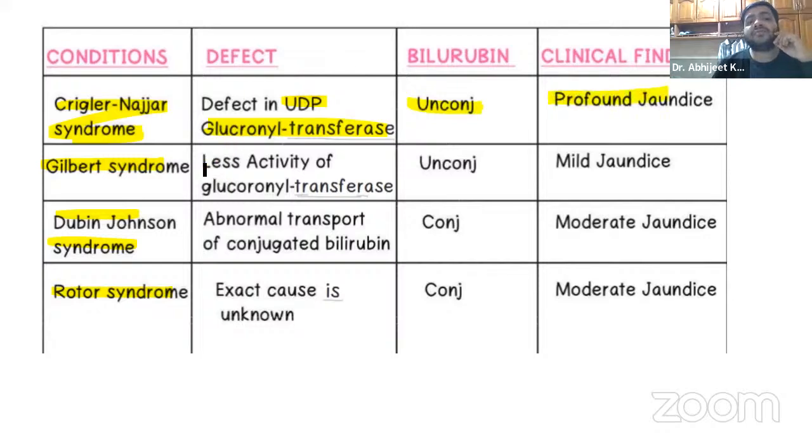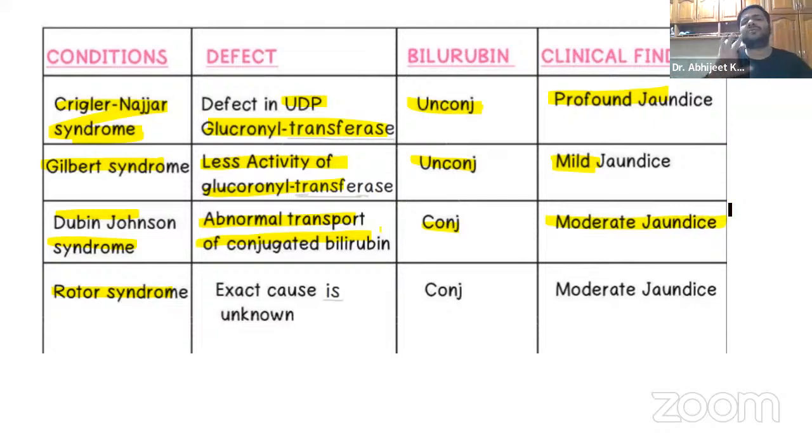In Gilbert syndrome, there is less activity of glucuronide transferase, unconjugated bilirubin, and the jaundice will be mild, guys. In Dubin-Johnson syndrome, there is abnormal transport of conjugated bilirubin, right? And the jaundice is moderate.